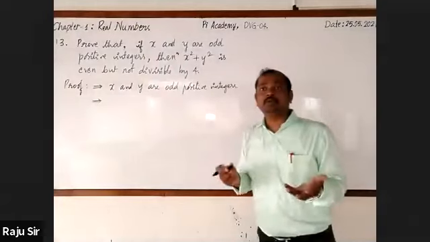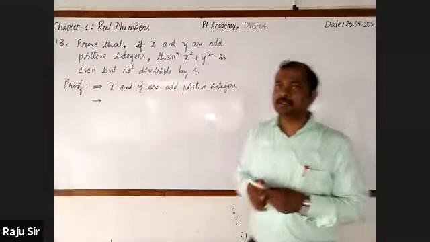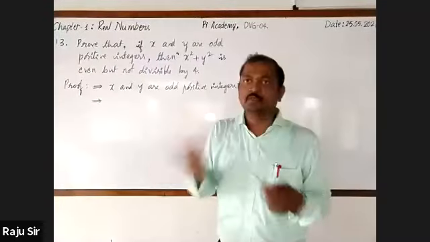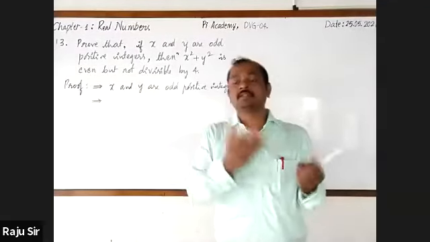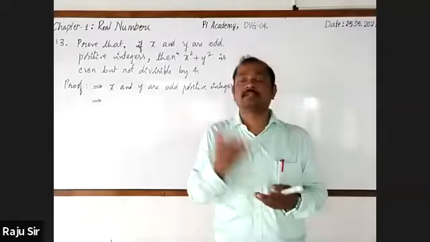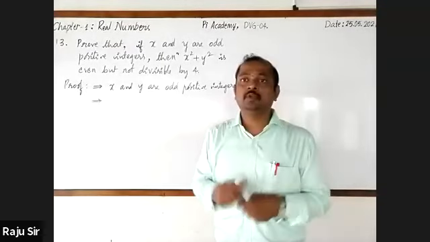But we do not know what these odd positive integers are, whether 2q plus 1, 4q plus 1, 4q plus 3, or 6q plus 1, 6q plus 3, 6q plus 5. We do not know that.